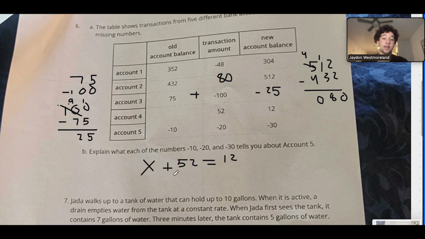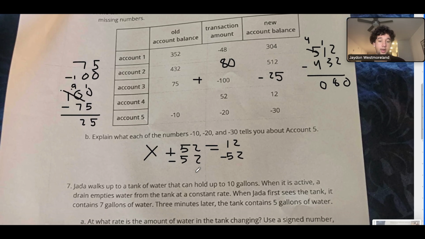What's the opposite of adding 52? I can subtract 52 here. I can do that on both sides. And look at that. It's going to be a negative number. X is equal to 12 minus 52, which is the same thing as 52 minus 12. We just tack on a negative. So that's going to be 40. So in other words, negative 40.